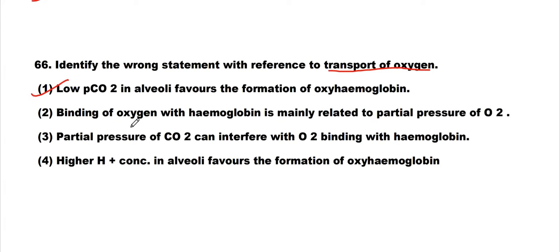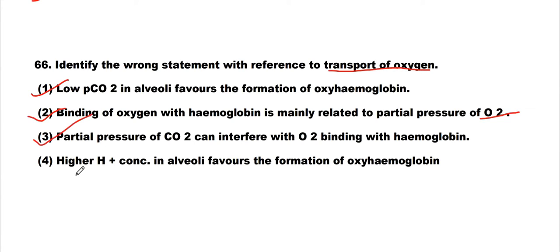Next, binding of oxygen with hemoglobin is mainly related to the partial pressure of oxygen. Yes, this is correct, because if the partial pressure of oxygen is high, then it favors the formation of oxyhemoglobin. Then the partial pressure of carbon dioxide can interfere with oxygen binding with hemoglobin. This is what generally happens in tissues.